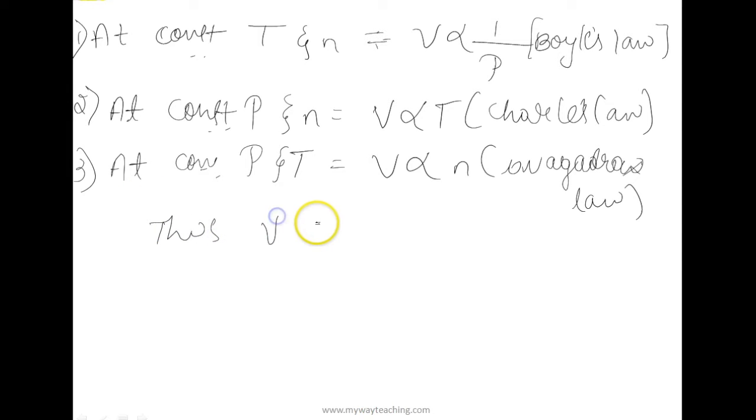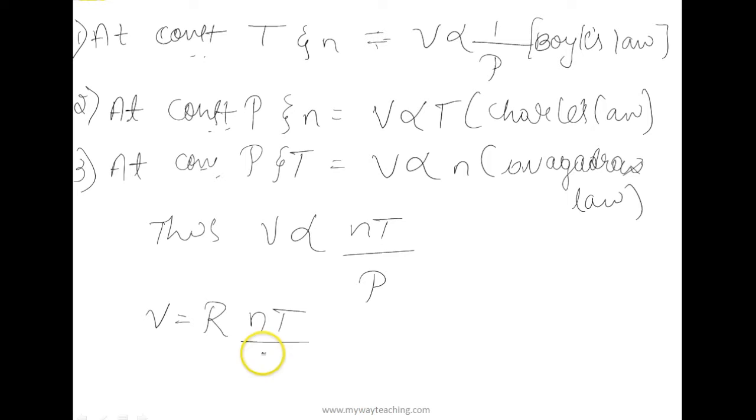Thus we can write V is directly proportional to NT and inversely proportional to P. Then we can write V is equal to R into NT divided by P, where R is the proportionality constant.